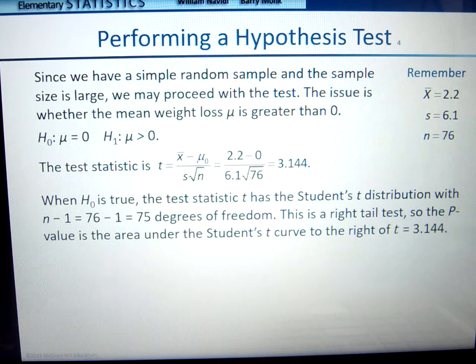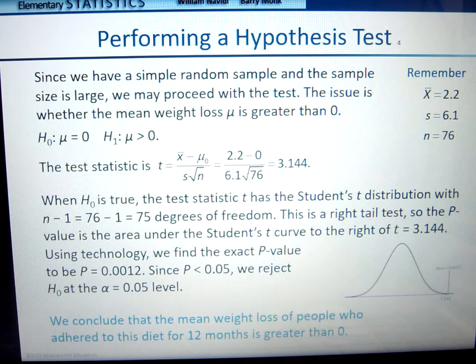This is a right-tailed test, so the p-value is the area under the student's t-curve to the right of t equals 3.114. Using technology, we find the exact p-value to be 0.012. We reject the null hypothesis at this level, so we can conclude that the weight loss of people who adhered to the diet is greater than 0.